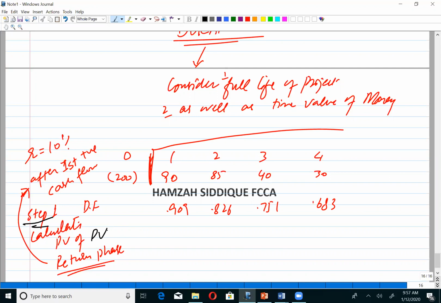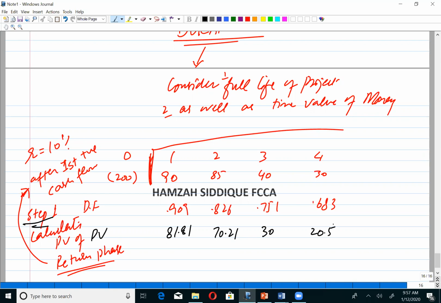So students, simply 90 cross 0.909 is 81.81. 85 cross 0.826 is 70.21. 40 cross 0.751 is 30. 30 cross 0.683 is 20.5.